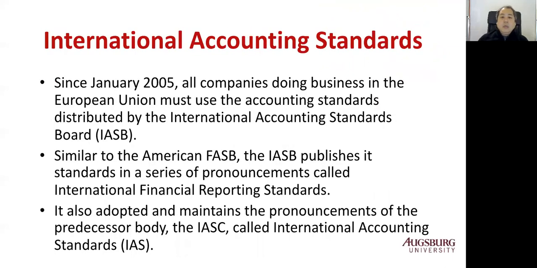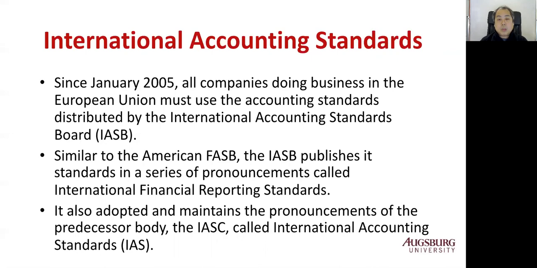Now, as you know, US GAAP is quite different from international GAAP, the international accounting standards. There are some differences. Since January 2005, all companies doing business in the European Union, so mostly continental Europe, must use the accounting standards of the International Accounting Standards Board, IASB.